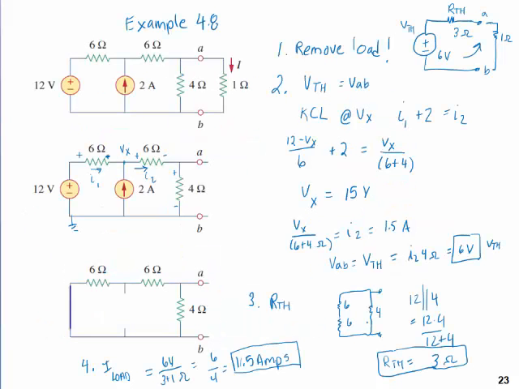So when we were finding Thevenin, we open circuited it, found the voltage, and found the resistance the normal way, with everything turned off.